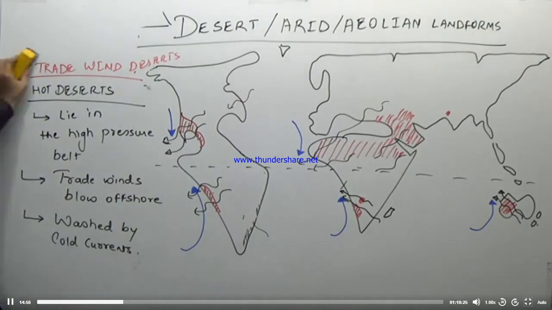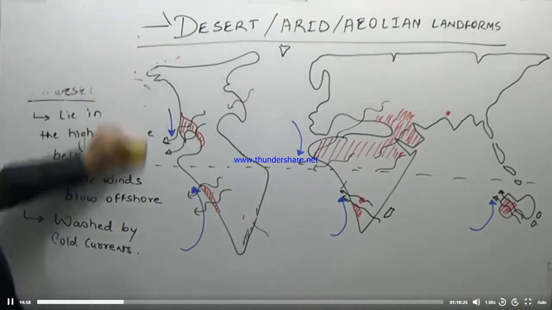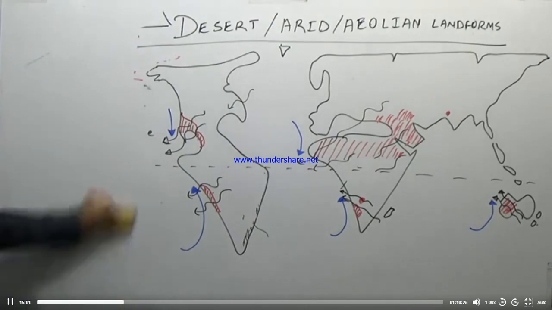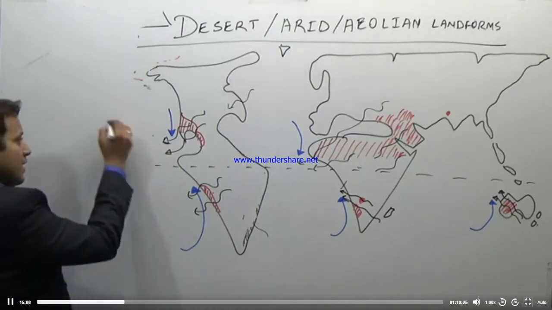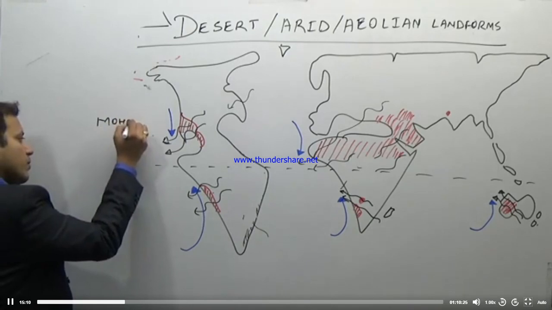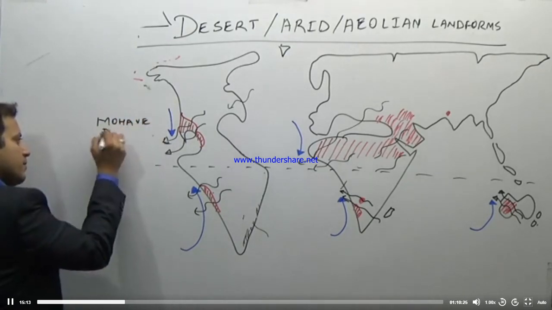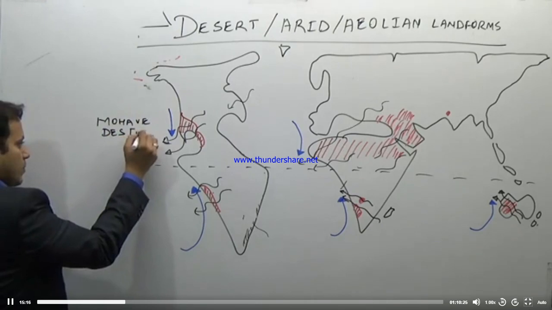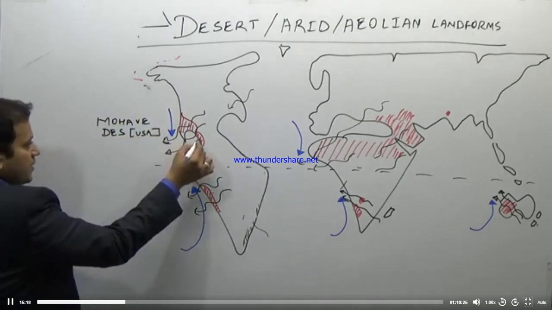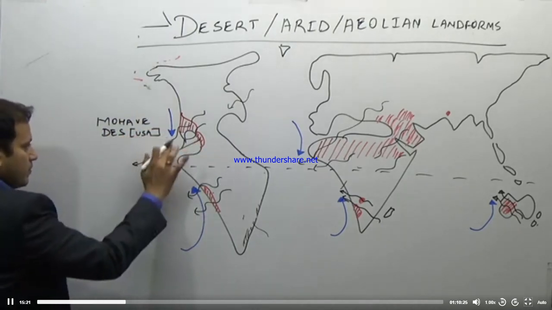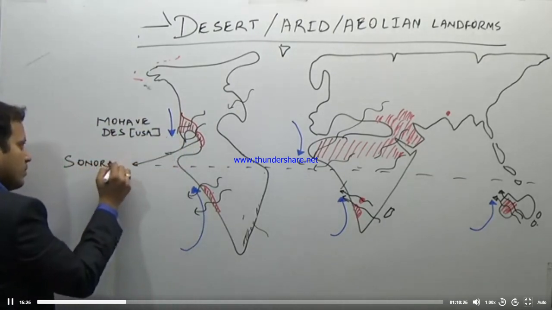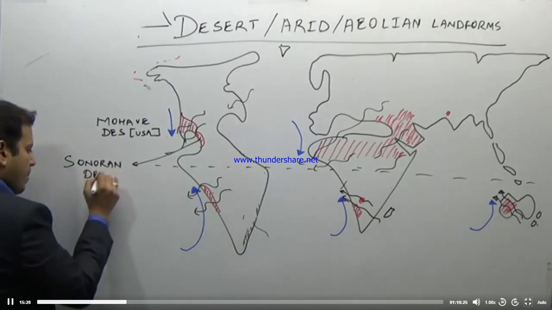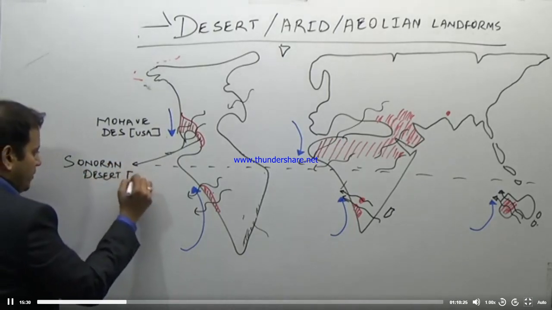Now, if we look at the different kinds of deserts, what are the different deserts? These are the Mojave Desert, USA. It is the Sonoran Desert, Mexico.